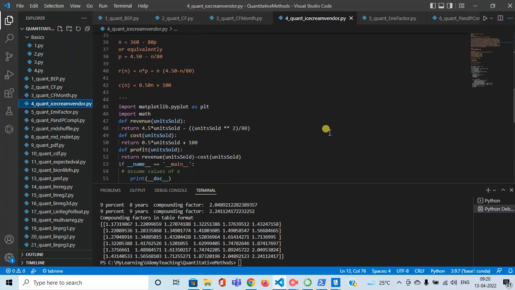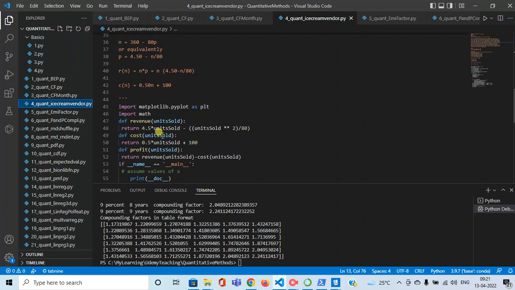Now this is a typical thing we need to put into Python definitions. Revenue function is 4.5 times n minus n squared by 80, that is this function over here. Cost is 0.5 times units sold plus 100.